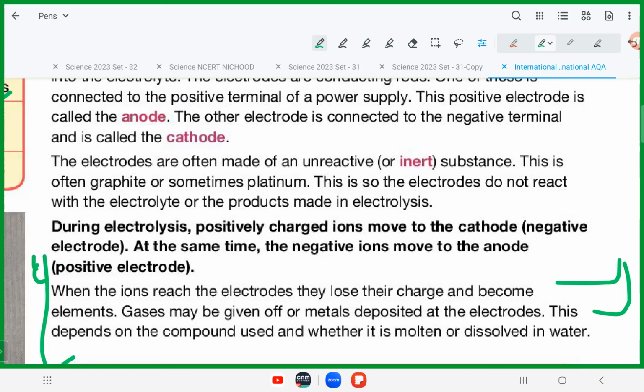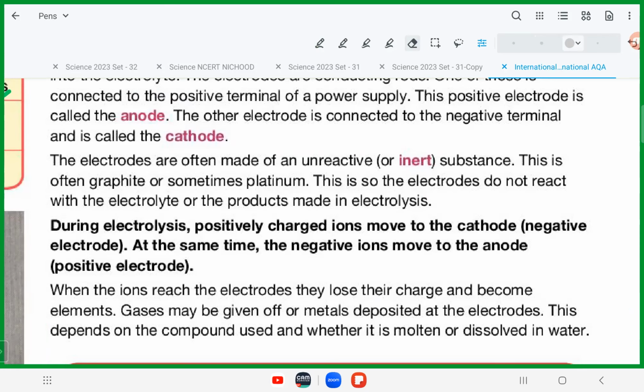During electrolysis, positively charged ions move to the cathode, the negative electrode. At the same time, the negative ions move to the anode, which is the positive electrode. When the ions reach the electrodes, they lose their charges and become elements. Gases may be given off or metals deposited at the electrodes. This depends on the compound used and whether it is molten or dissolved in water.